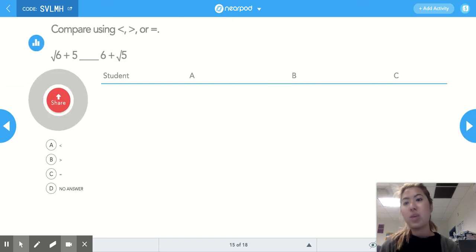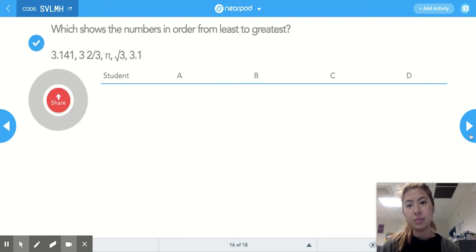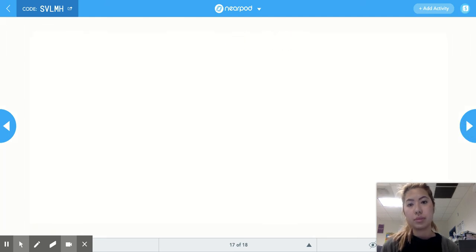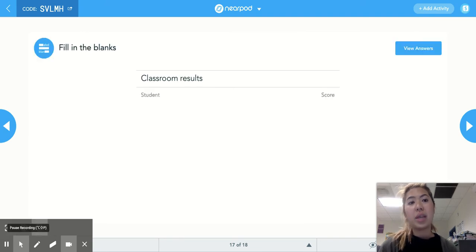Then we have square root of 6 plus 5 compared to 6 plus square root of 5. Then we have a question which shows the numbers in order from least to greatest. We have 3.141, 3 2/3, pi, square root of 3, and 3.1. And it was a quiz question. Then there was a fill-in-the-blank activity.